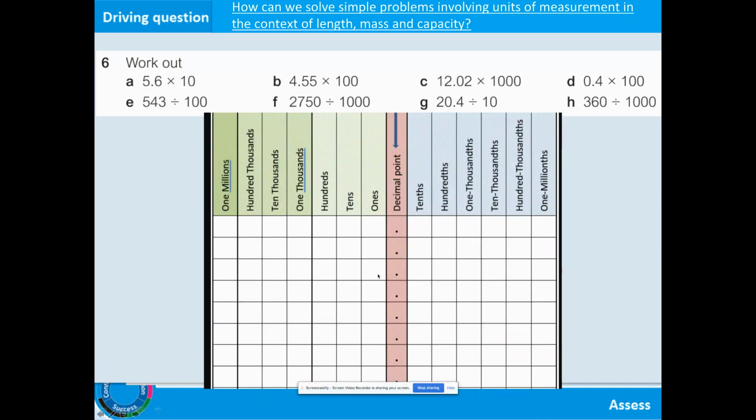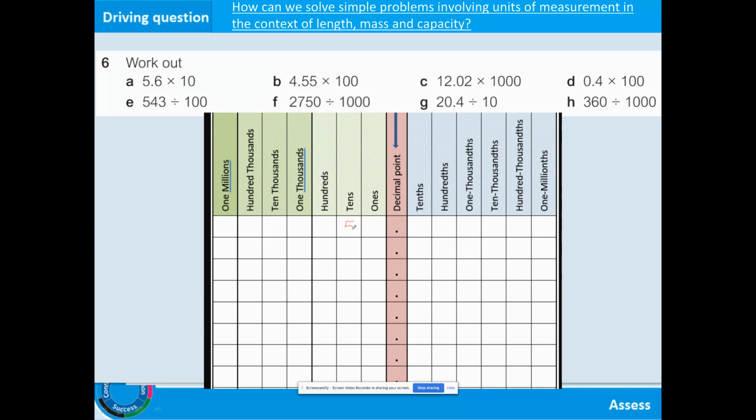Okay, I've got a table here, so it's just going to help me. I've got 5.6 times 10. Okay, so my 5.6 would be here. I'm multiplying by 10, so I'm going to move one place over here to the left.